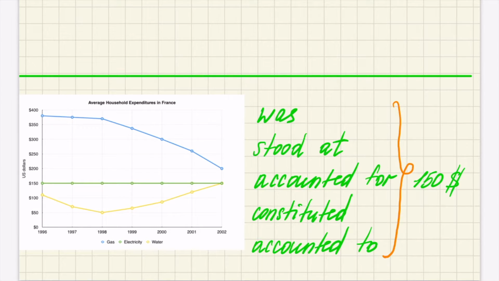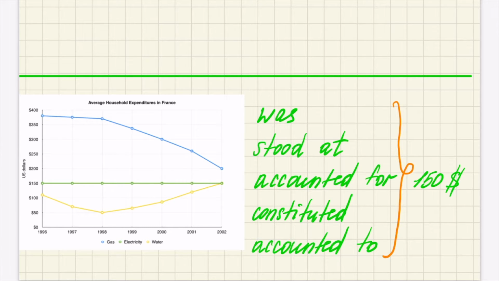So let's go to the examples. We have here a line graph which shows us the money which was spent in US dollars on gas, electricity and water between 1999 and 2002.